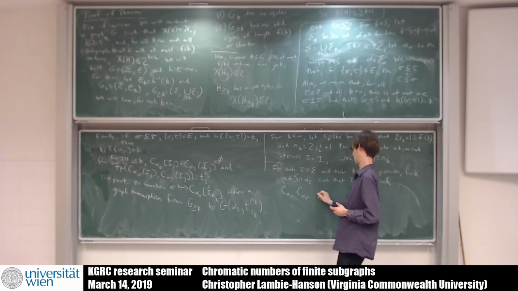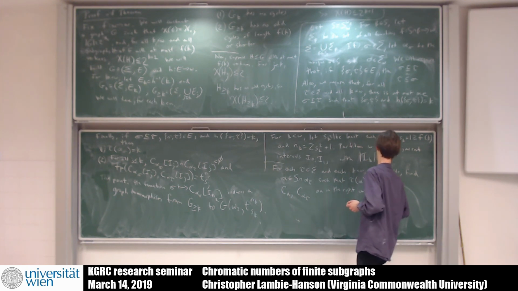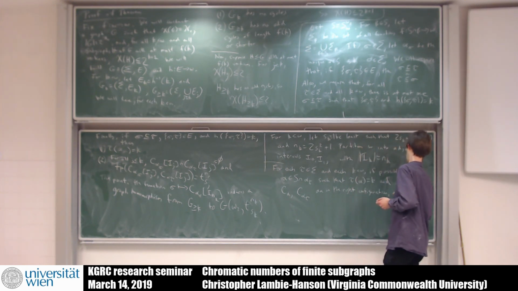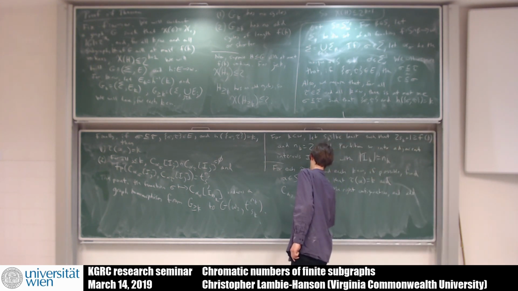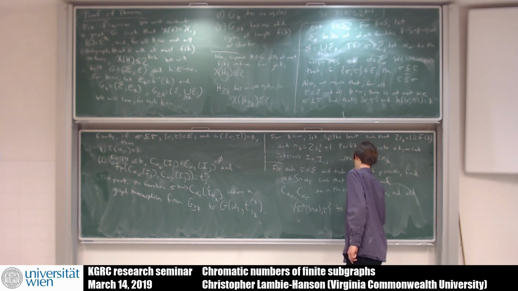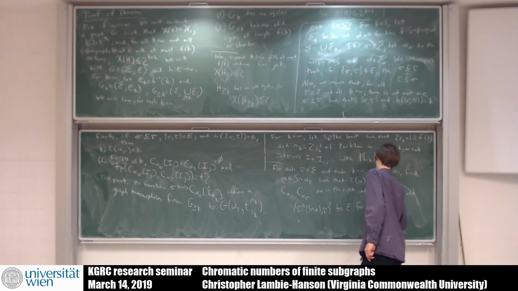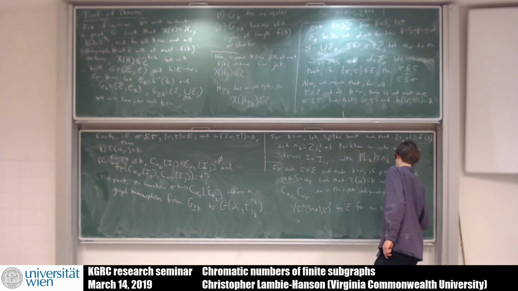There could be more than one, you just choose one. Yep, exactly. And add tau restricted to S intersect alpha to E for one such alpha.